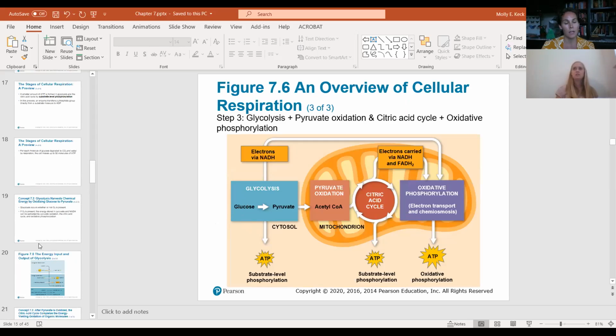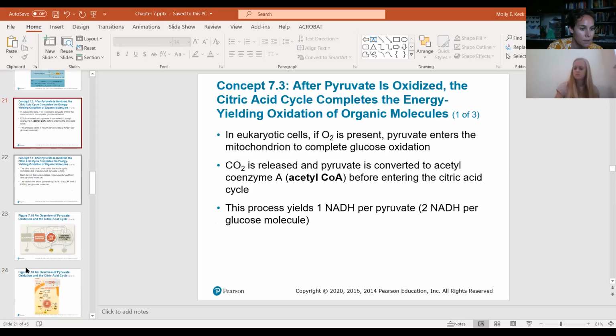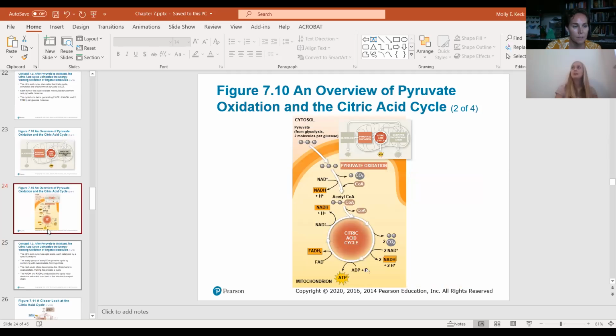The citric acid cycle is just a cycle, it just cranks and it cranks and it cranks. So acetyl-CoA goes in, and then it binds with an end product, and it just keeps going. As it keeps continuing, the cycle kicks out more CO2.